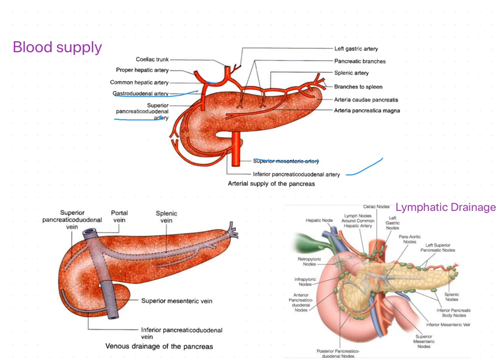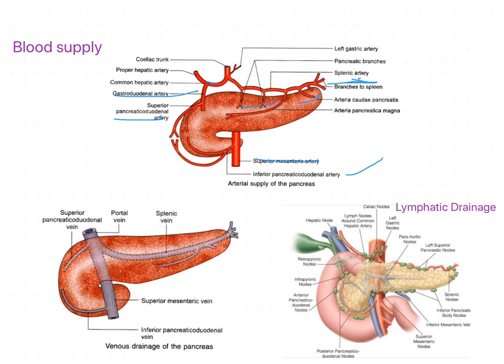These are the supply for the head, as I discussed earlier. The body and the tail of the pancreas are supplied by a number of branches which arise from the splenic artery. This is about the blood supply.